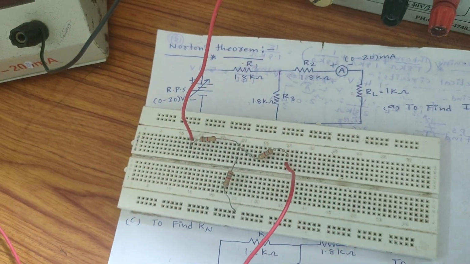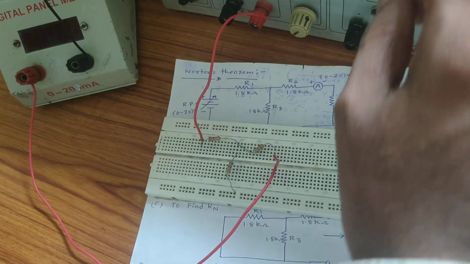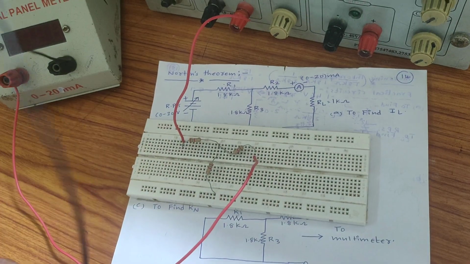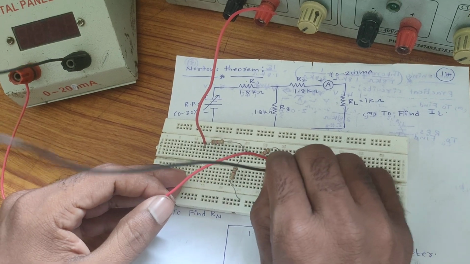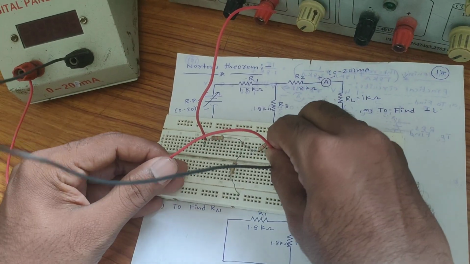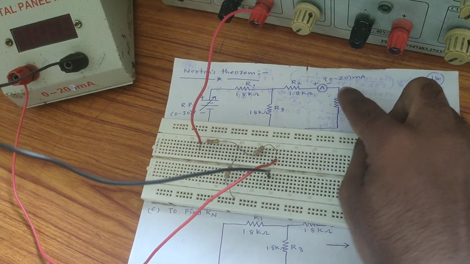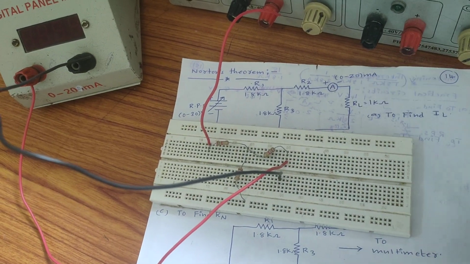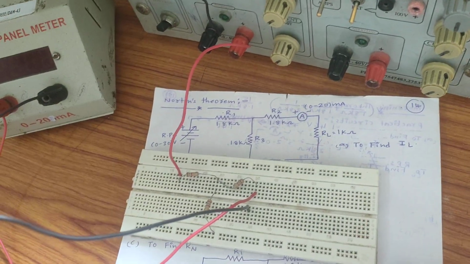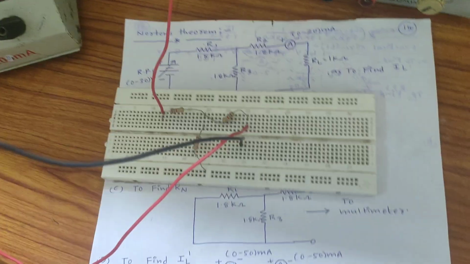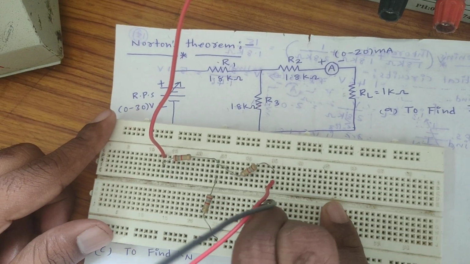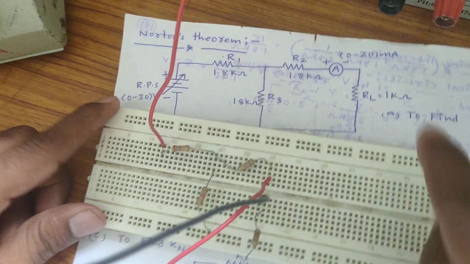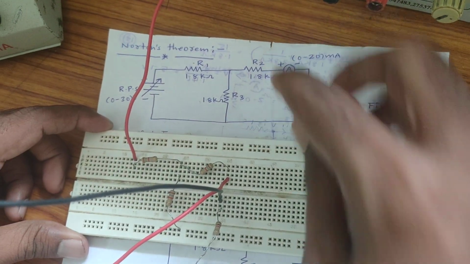Next, ammeter negative is connected at another different point. At this ammeter negative point, the load resistor starting point is connected. Next, the load resistor ending is connected again to ground.